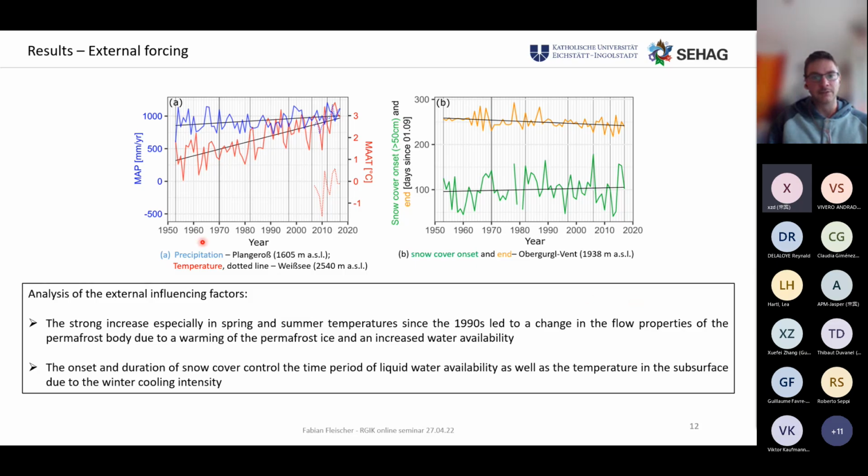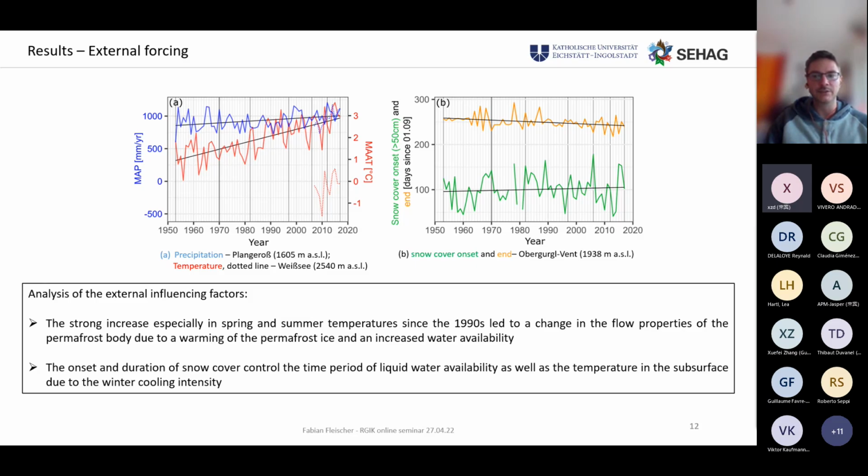During the period of investigation from the 50s to today, we can observe, of course, a significant increase in temperature and a significant decrease in the end of snow cover. Looking at time, I don't want to go into detail here, but the significant decrease in the end of snow cover leads to an earlier availability of liquid water and an earlier influence of air temperature on subsurface temperature.